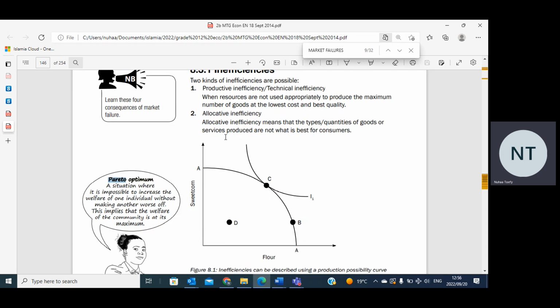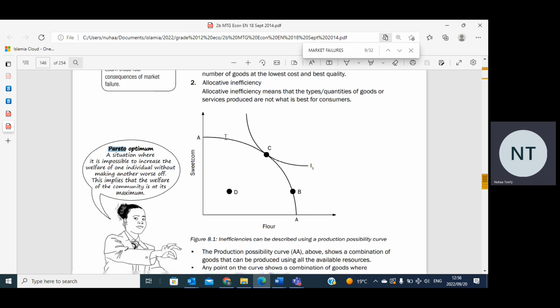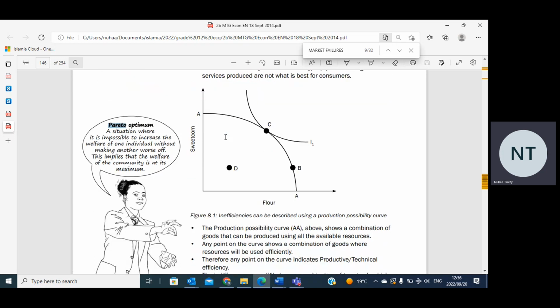So for example, if your resources are not used efficiently, if I give Zahra 20 ounces of gold and I give Mikael 20 ounces of gold, and Zahra manages to make 30 bracelets and Mikael managed to make 50 bracelets, and they were also given the same amount of time, it could be that Zahra wasted her resources.